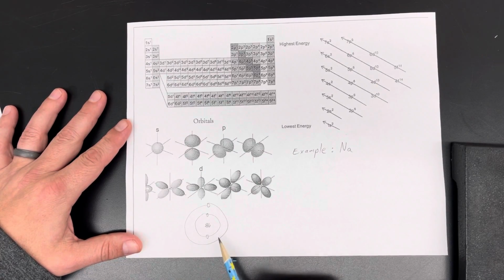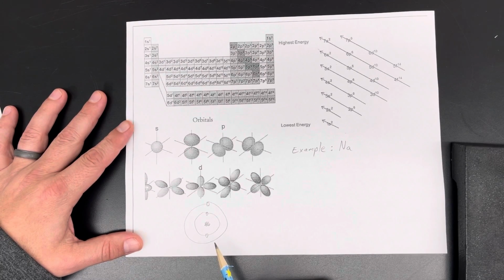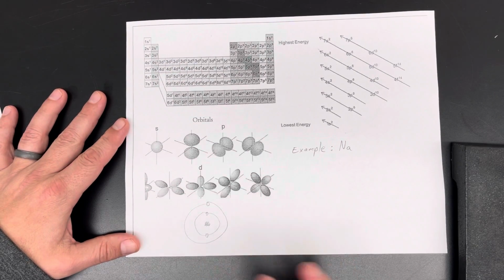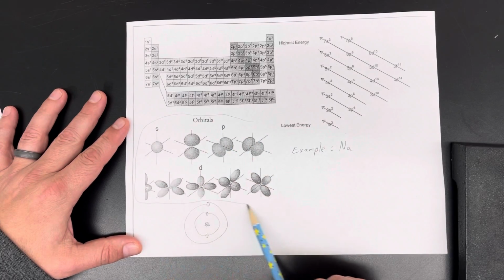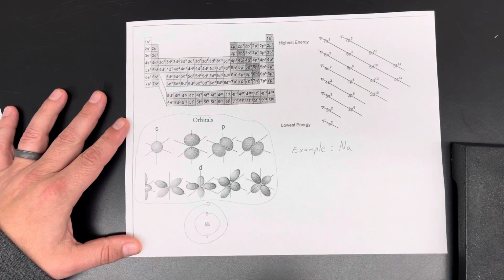This makes it look like they orbit the nucleus like planets orbiting the sun, but that's not actually the case. They don't go around in these nice, neat circles. They actually go around in all of these different shapes, in these different clouds.